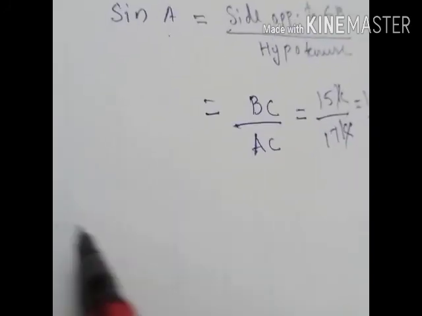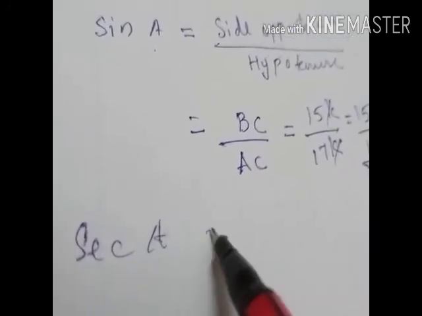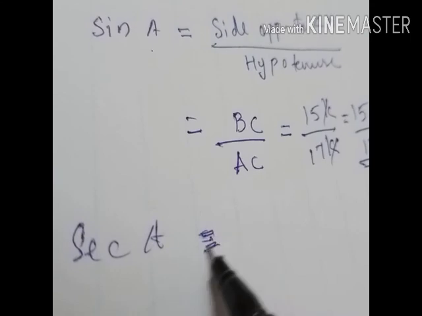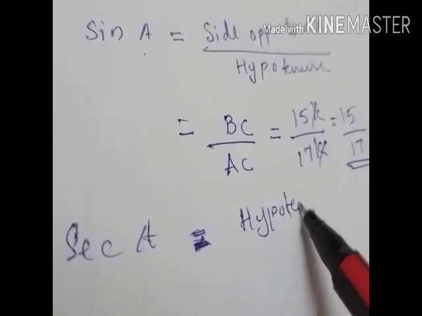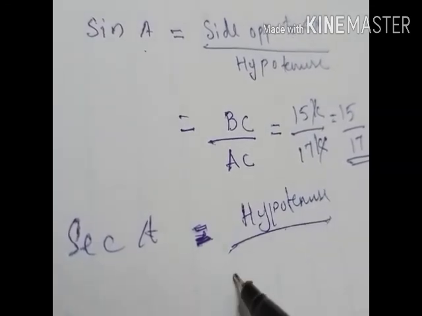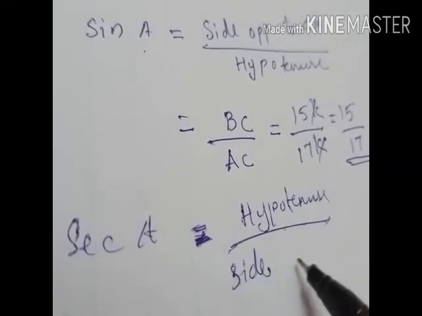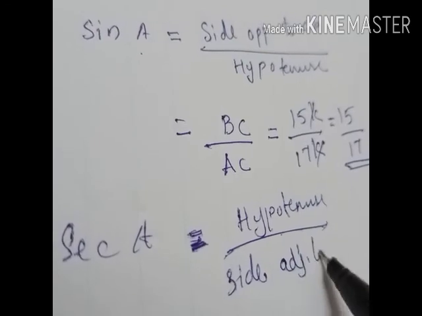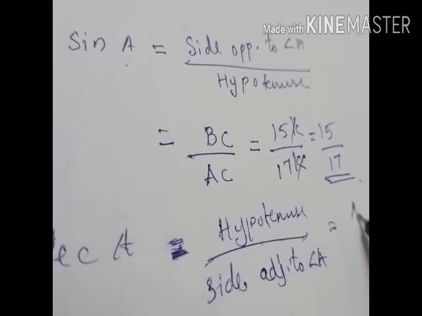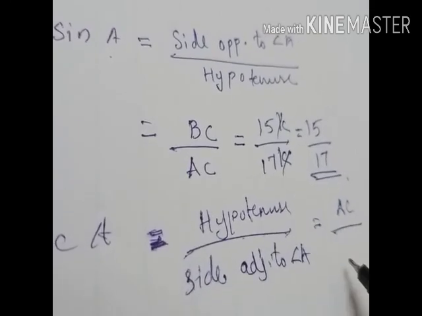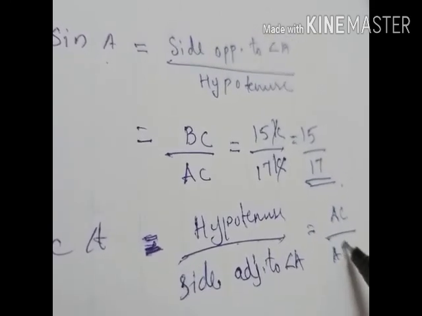Then we have to find sec A. Sec A is the reciprocal of cos. That means hypotenuse by side adjacent to angle A. So this is equal to hypotenuse AC by side adjacent to angle A, which is AB.